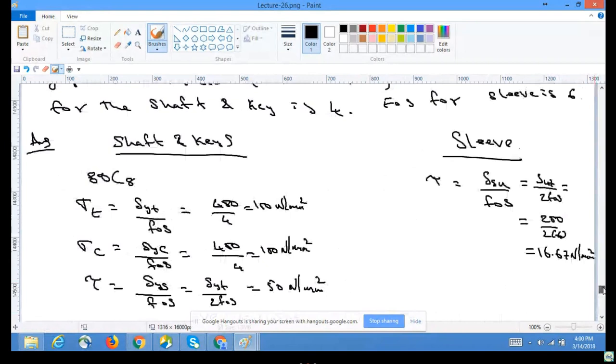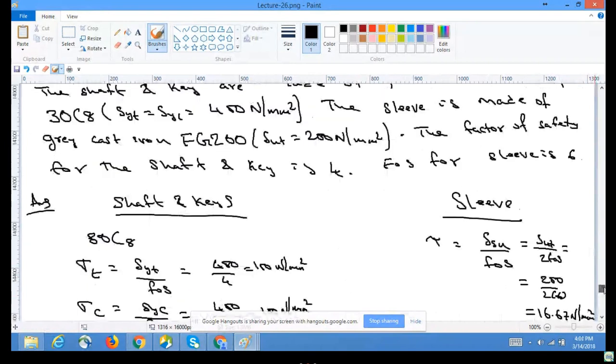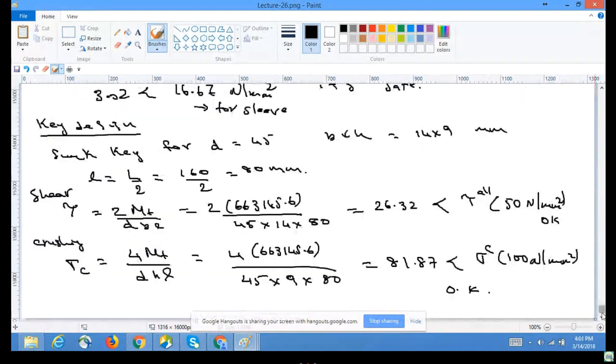So with this, it completes the muff coupling. In the next class, we will continue with the rigid flange coupling, and then we'll go to the last chapter of doing the springs.